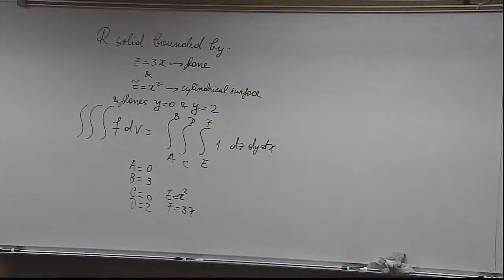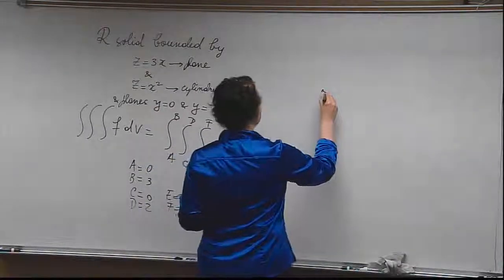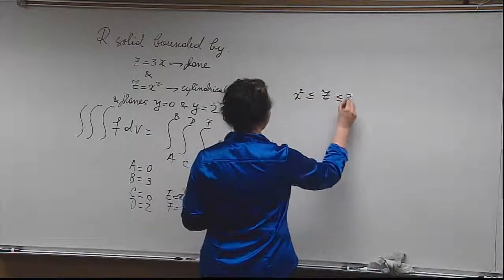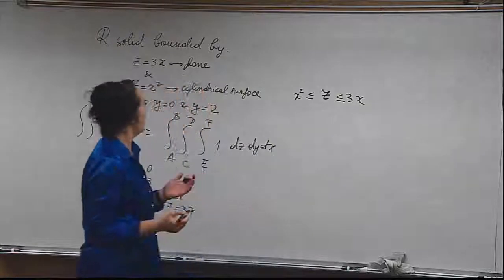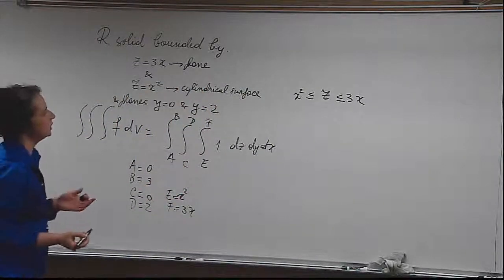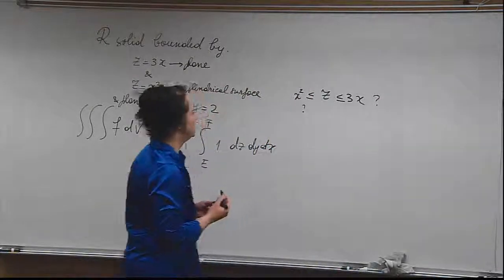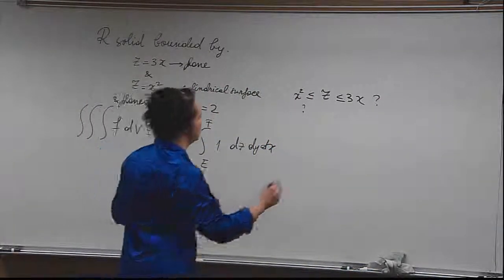And now you know that z must be between x squared and 3x. How do you know which one is bigger, which one is smaller? You should think about it.